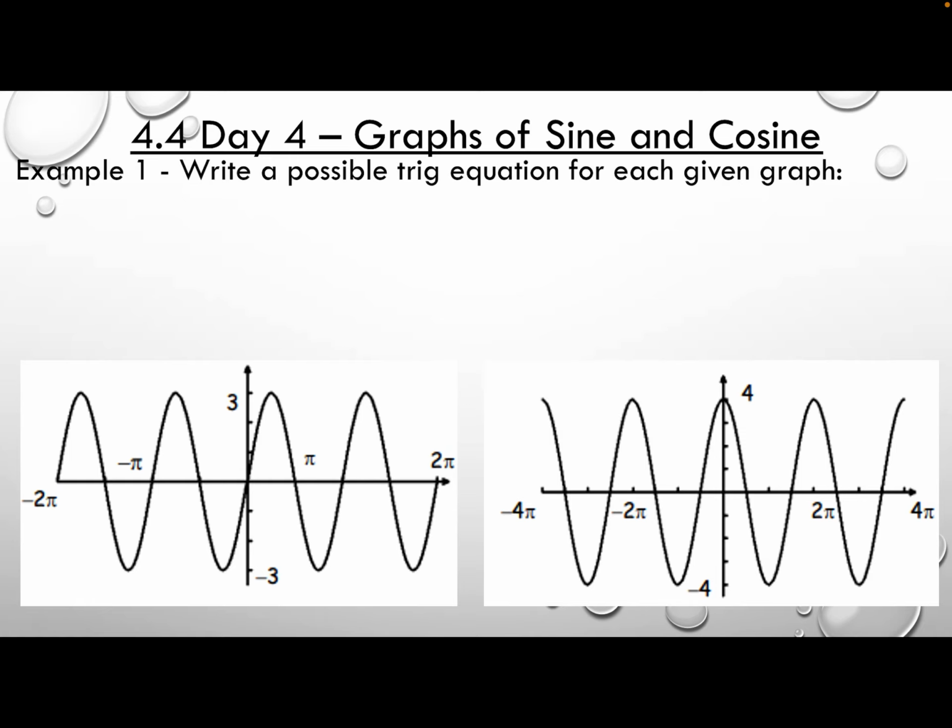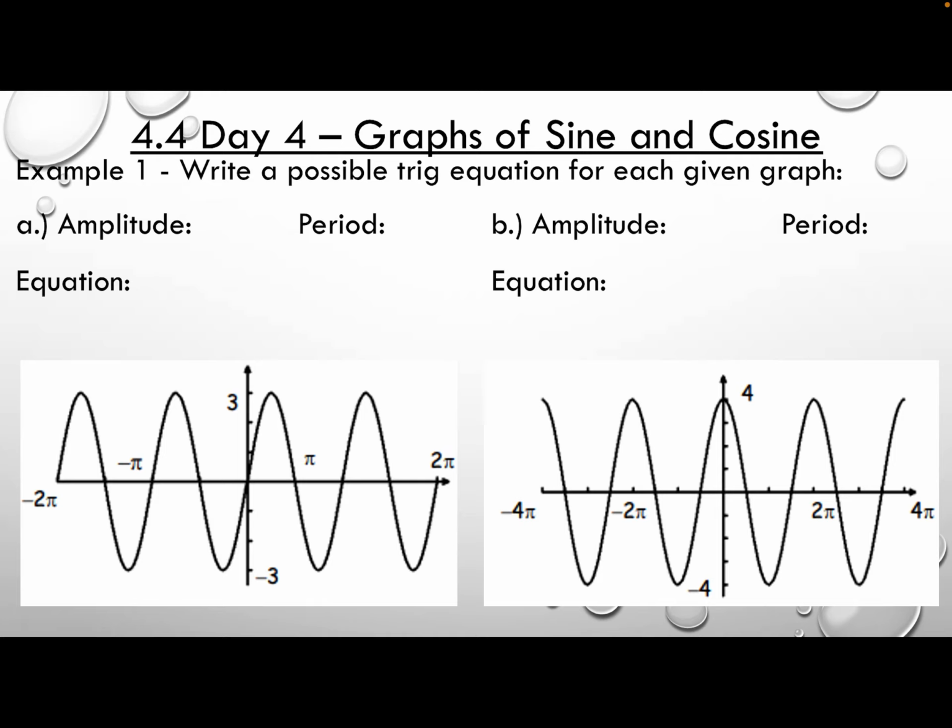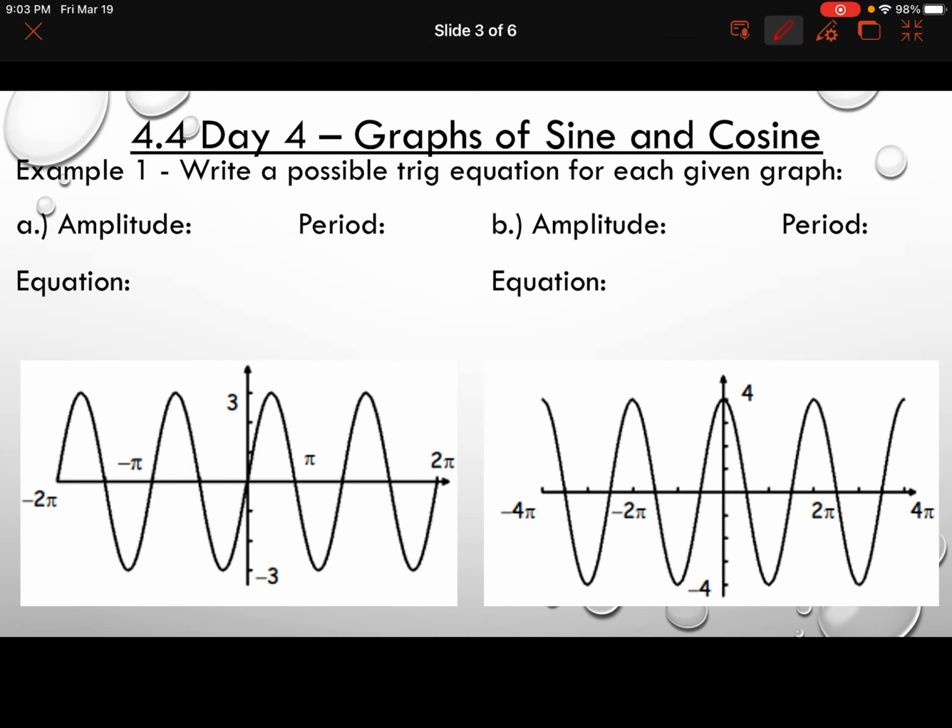So, we'll start off with these first two graphs. Write a possible trig equation for each given graph. Hopefully you remember from our previous lesson on amplitude and period that the sine and cosine functions both have the following structure. For sine, f of x is equal to a sine of bx.